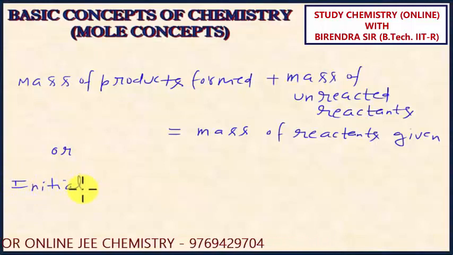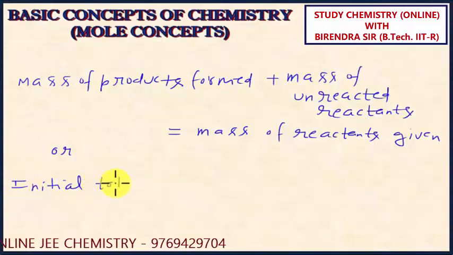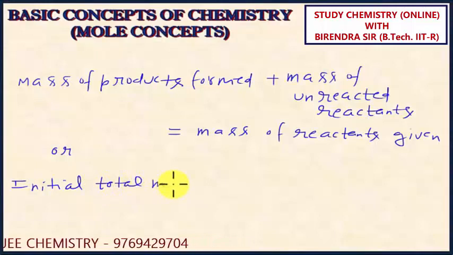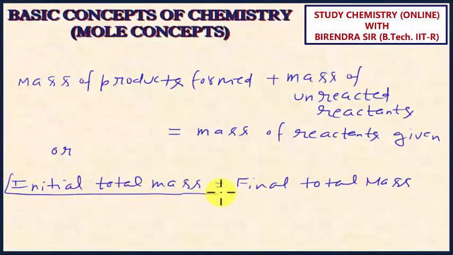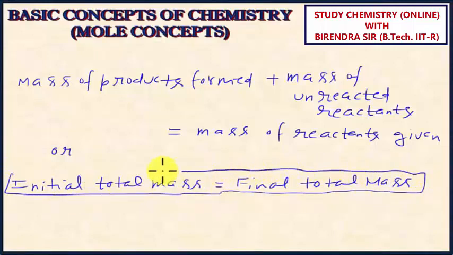Whatever mass given initially, initial total mass is equal to final total mass. This is the best way to express law of conservation of mass. Initial total mass is equal to final total mass.